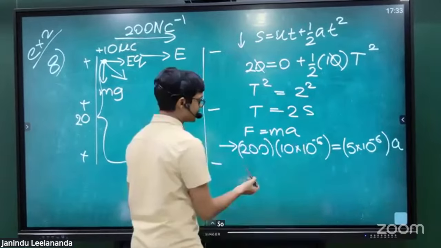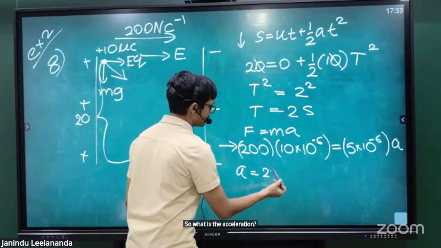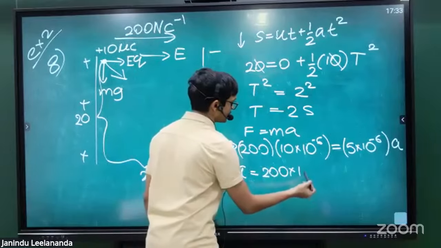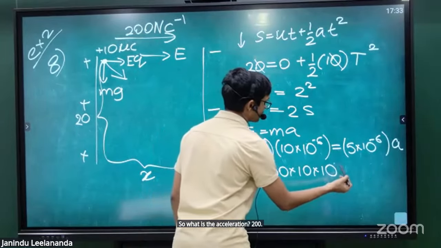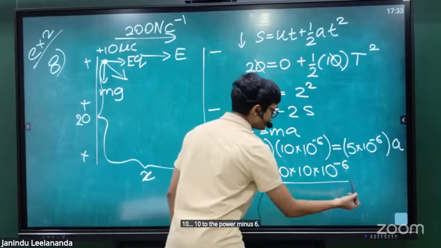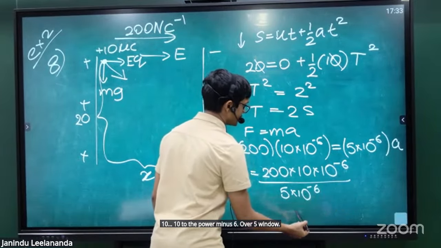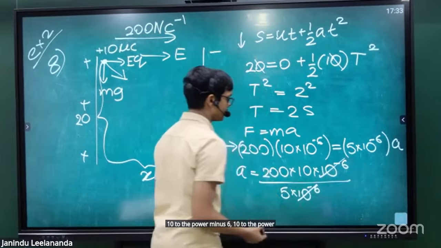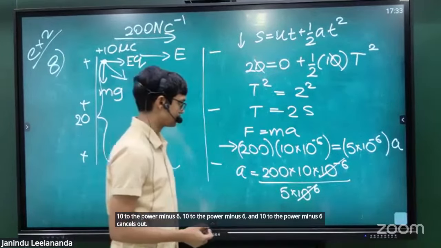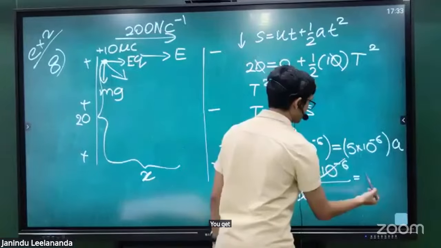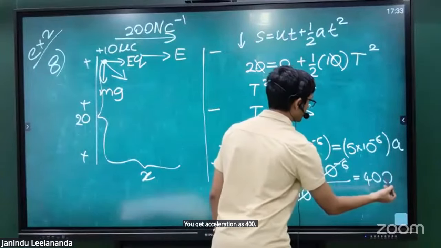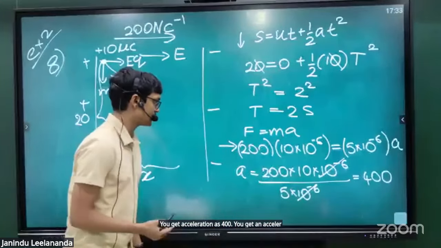So what is the acceleration? 200 into 10 into 10 to the power minus 6 over 5 into 10 to the power minus 6. The 10 to the power minus 6 cancels out. You get an acceleration of 400.